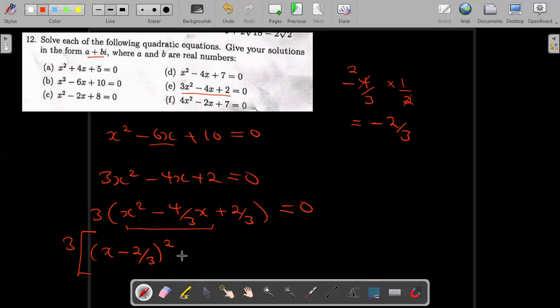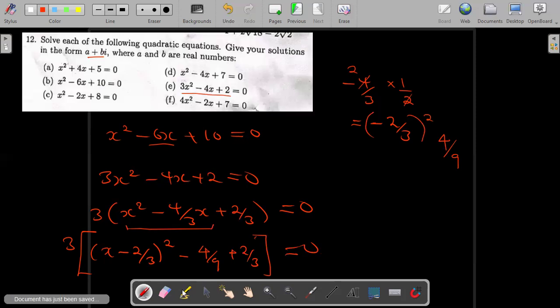That's why we subtract. Then you square this, which gives you 4/9. Then you have your plus 2/3, equal to 0, and of course you work it out and you get your value.